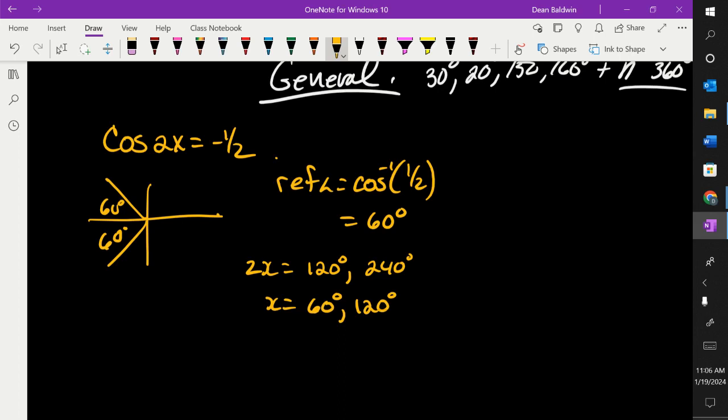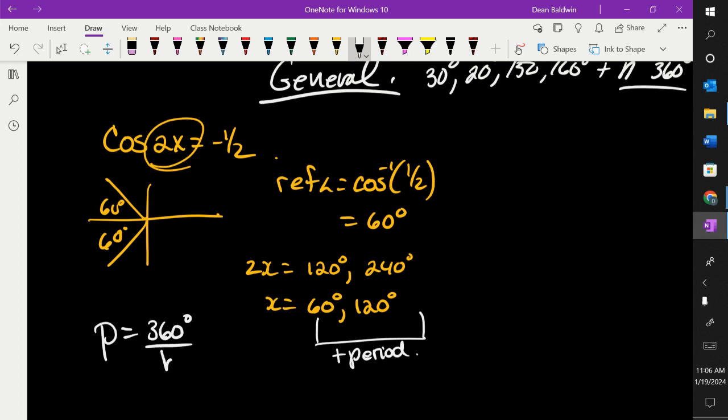How many answers should we have? We should have 4, right? Because remember, it's 2 times whatever that b value is. So how do I get the rest of the answers? You add the period. What's the period of cos 2x? It's 180, right? Because the period of a cosine graph is 360 over b, which is 360 over 2, which is 180.